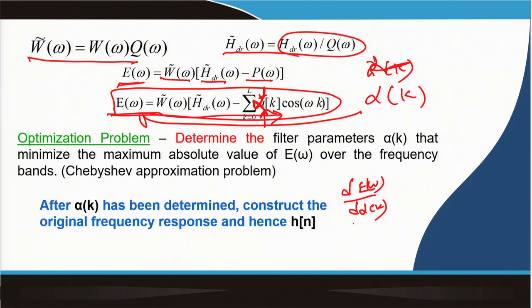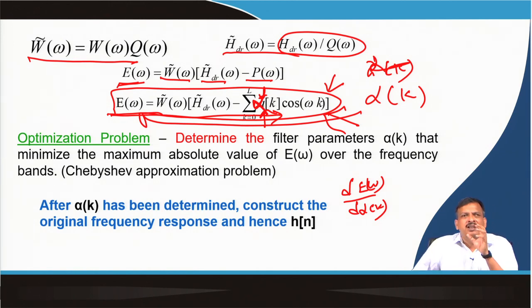So, with respect to alpha k, if I take the derivative and minimize this, what I want to determine is the desired alpha k, which is related to the impulse response of the design filter, so that E omega becomes minimum.